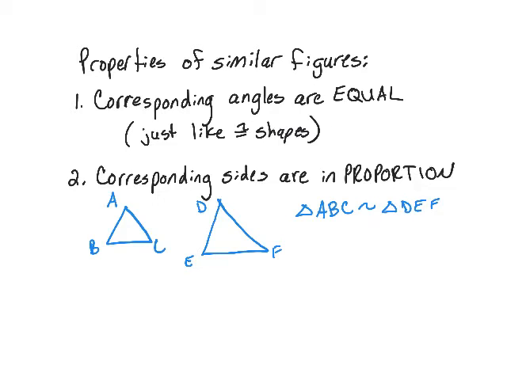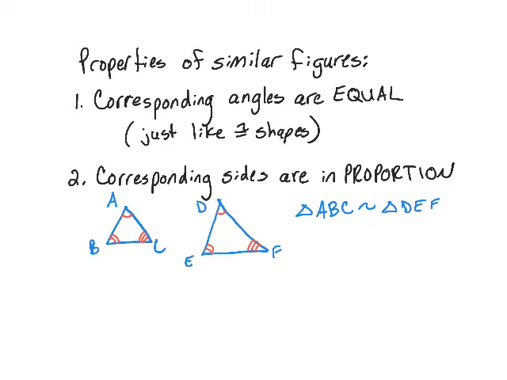I can write 6 things about this. I can say that corresponding angles are congruent. So if I marked it up, I know angle A and angle D, because of the correspondence here, A goes with D, B goes with E, C goes with F, just like congruence. A and D, B and E, C and F.